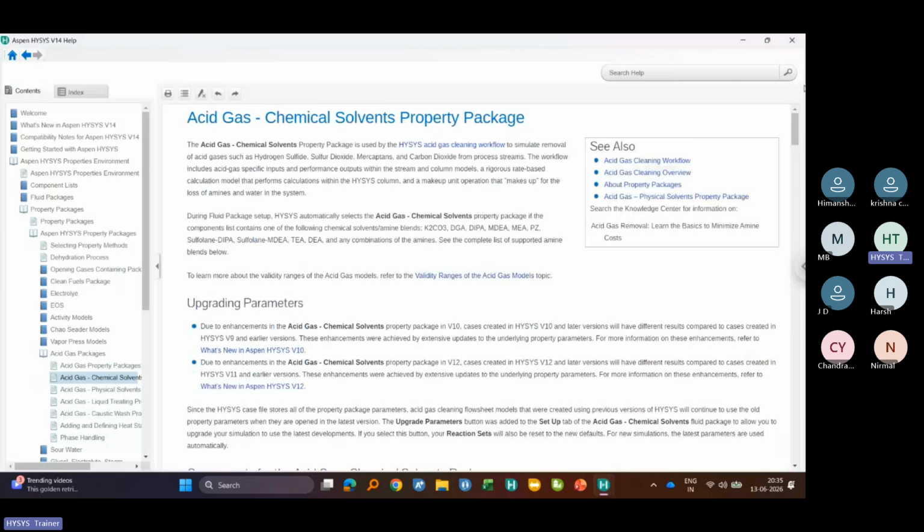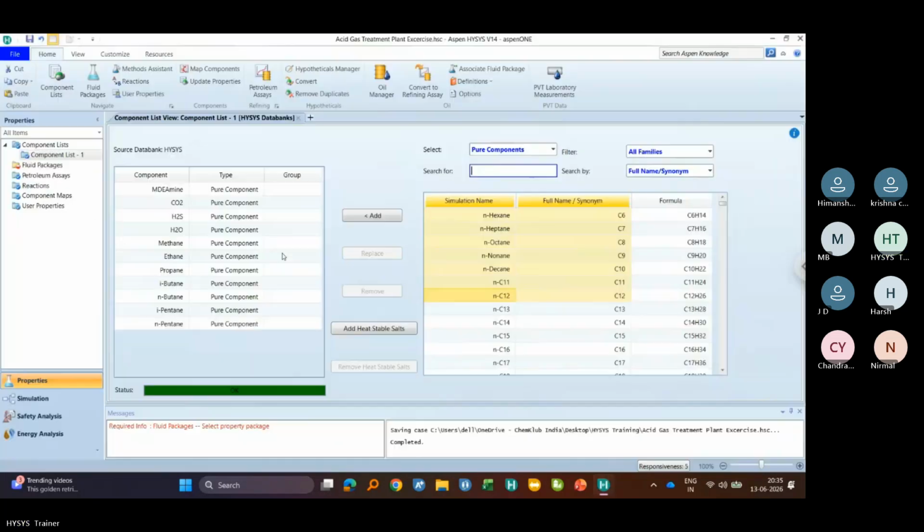So the property package suggested to us by Aspen Assets is acid gas chemical solvent. So let's select that. One beauty of this Aspen Assets is that when I directly click on the fluid package, as I have selected MDEA amine and my component list contains CO2 and H2S, it will automatically select the property package for me.